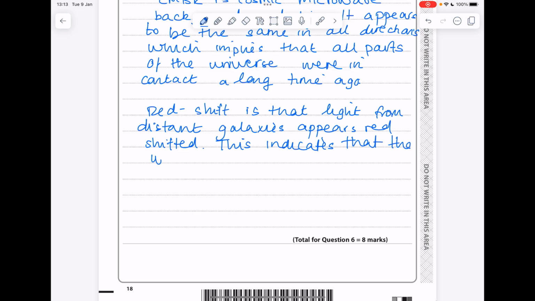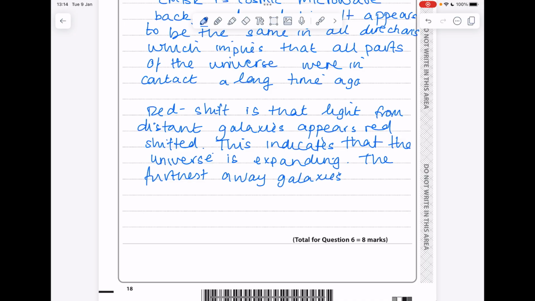Because that wavelength of light is getting longer, hence redder. The furthest away galaxies are the most redshifted. And therefore are travelling the fastest away from us.